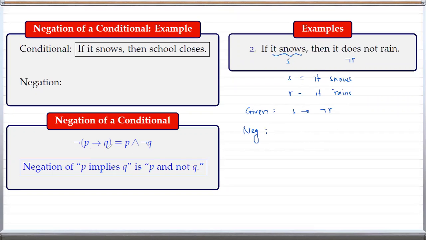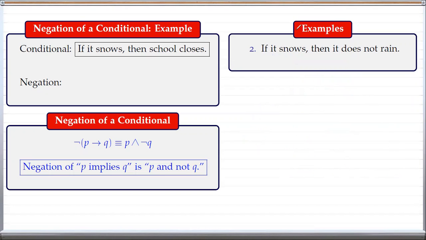Negation will be P and not Q for negation of P implies Q. So we have S and not the conclusion part. So not not R. So this is same as S and R. This is the negation. And we can write it as it snows and R, it rains. So this is the negation.